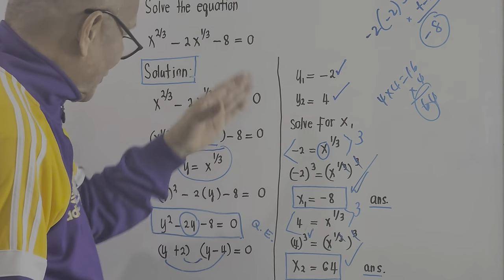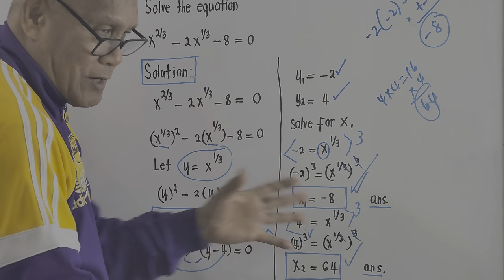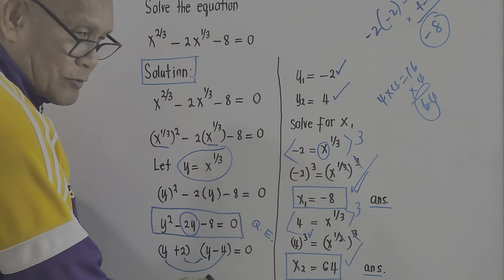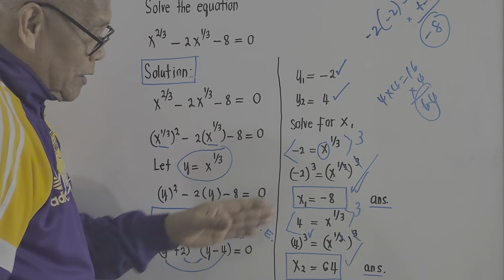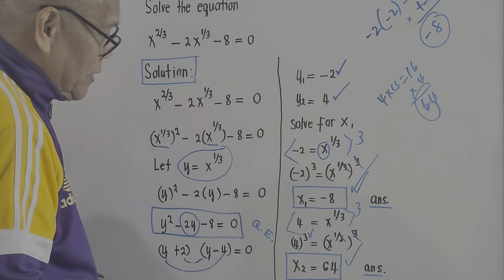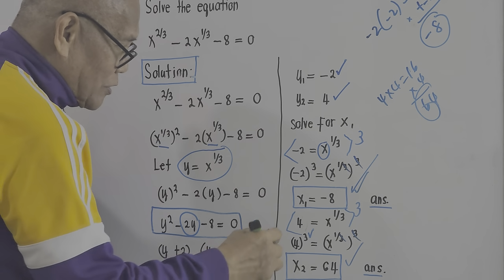And by using our knowledge of factoring, or by using the quadratic formula, we could solve for x. But luckily, this is factorable by inspection. And we have solved y1 and y2 to be negative 2 and 4. Correspondingly, the value of x1 is negative 8 and x2 is equal to 64.